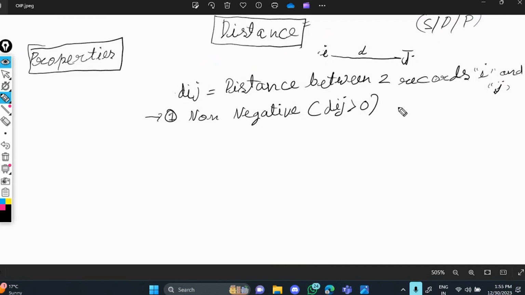Is this clear? Why is dij always greater than 0? Because if we are talking about two different records, from point i to point j, they have some distance.